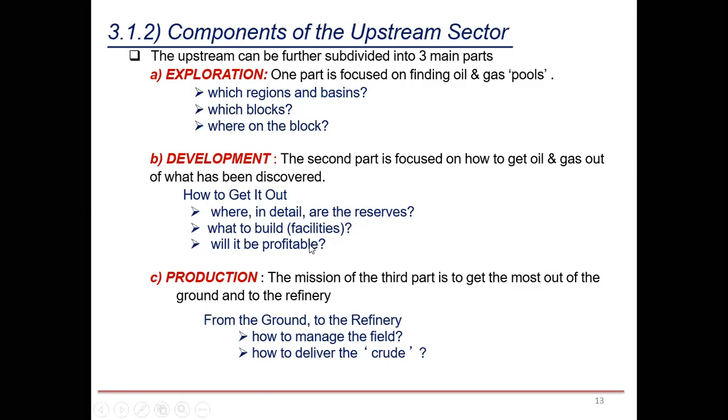They have to do proper studies, and there are so many engineers and scientists working behind this development phase. And as I told you, there's a lot of uncertainty. We don't know what will happen. So engineers have to be very careful in putting something on paper, saying that, okay, this is possible. So it's a very risky business, but at the same time, they hire very smart, very experienced people who manage that.